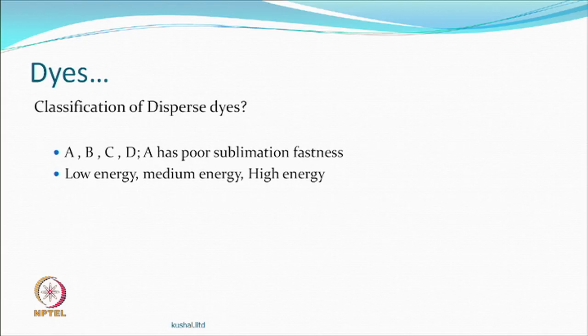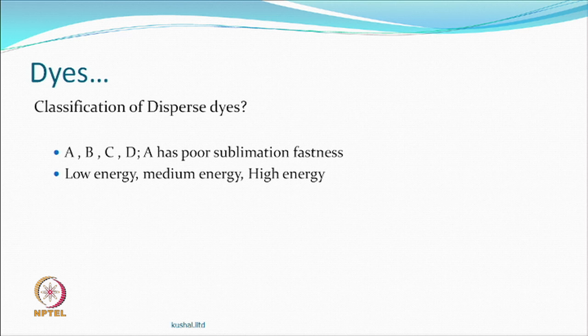So, the dyes known as the disperse dyes have been categorized into various categories A, B, C, D, which is based on their sublimation fastness. So, if the sublimation fastness is poor, you say, well, it is A type of dye.